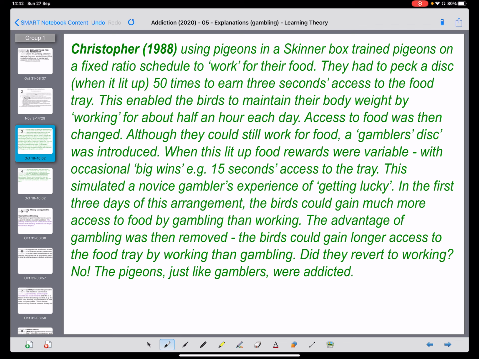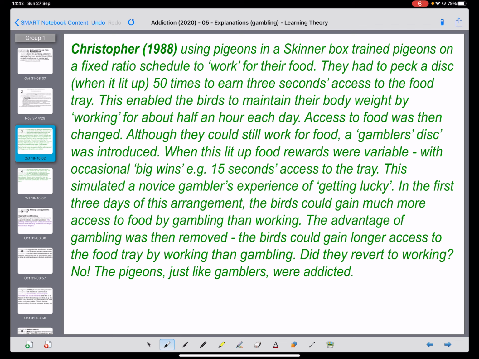However, you could refer to it in an evaluation point, in that we are able to simulate the gambling experience for animals and they become as addicted to gambling as they would be to any other kind of destructive substance. What we find here is that, of course, for them, it's about food.